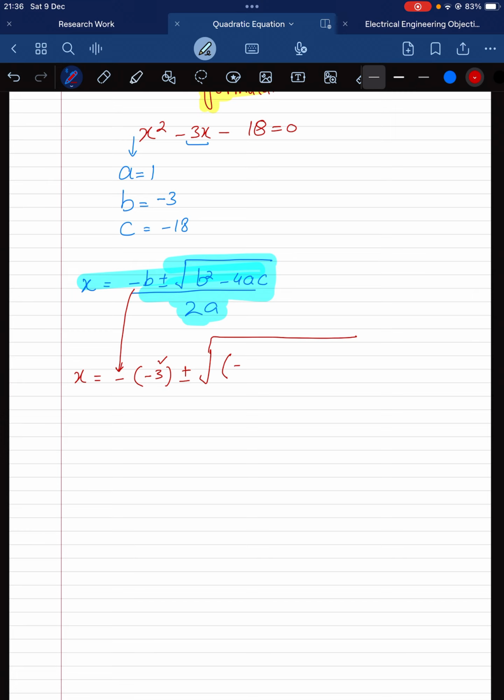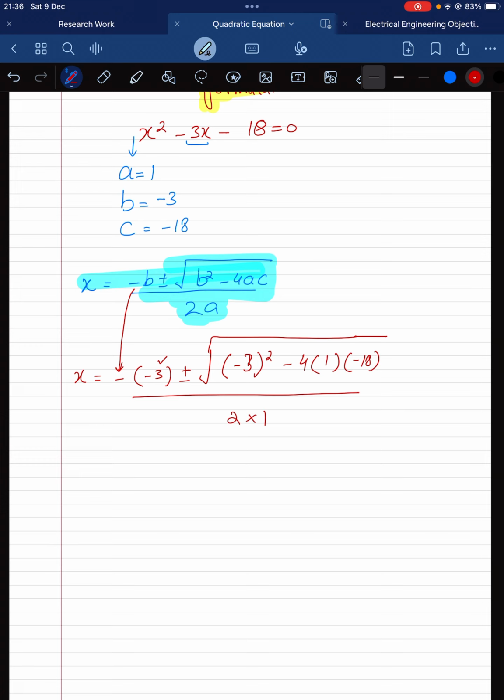Don't forget to put brackets here: (minus 3) squared. If you don't put the bracket, either on paper or on the calculator, you will get a different answer. Then minus 4, the value of a is 1 and c is minus 18, over 2 times a, 2 times 1.